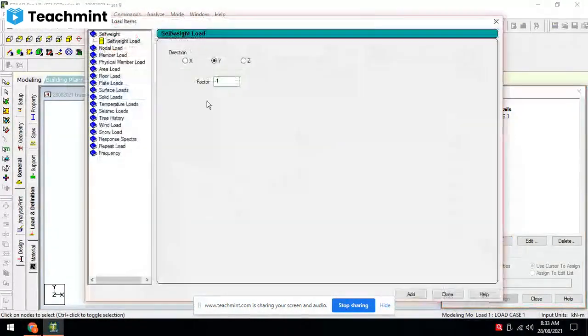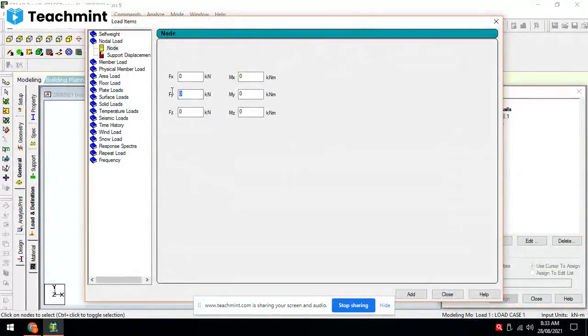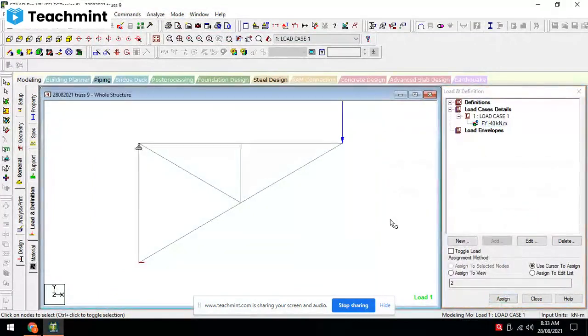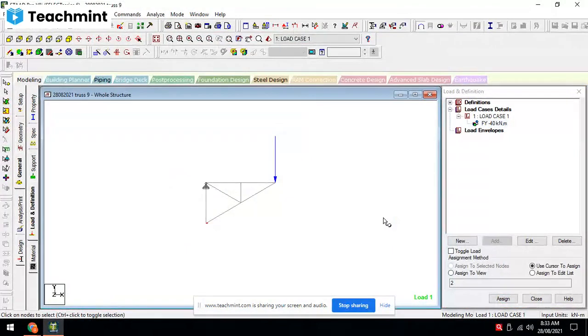Only one nodal load is there. Nodal load minus 40, add, close. So node cursor will be activated. Apply to this node only, assign. Shift V, you get the value.